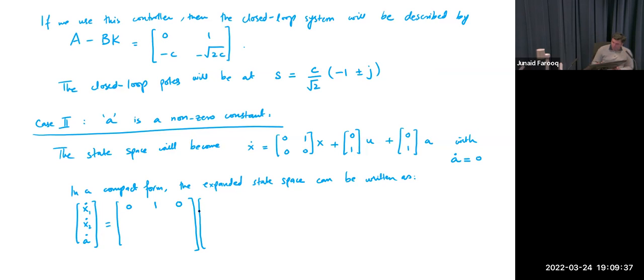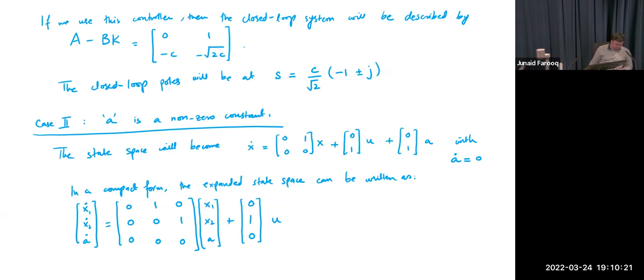And x2 dot also has an a, so you will have zeros here and 1 here. And the a dot is simply 0, so there's all zeros in this row. And finally, for the input, you only have the input at the second state. So that's the B now.